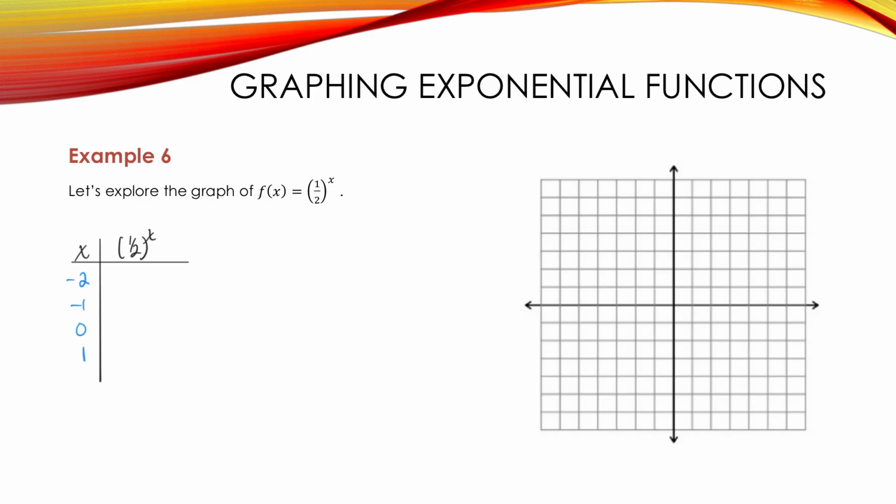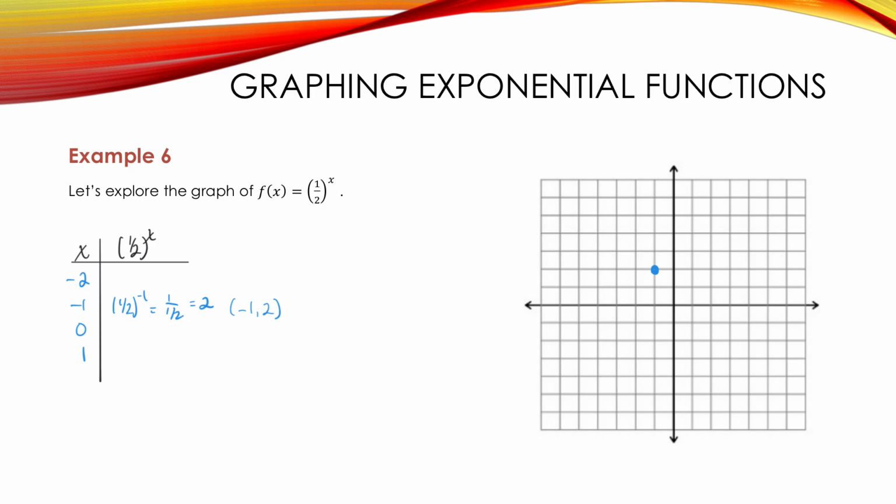So -1 should be 1 over a. So if we plug that in, that would be 1 over 1/2. Well, let's see if that's the case. So 1/2 to the -1 is the same as 1 over 1/2, or the reciprocal of 1/2, which is 2. So we have our point -1, 2. Let's plug in 0.